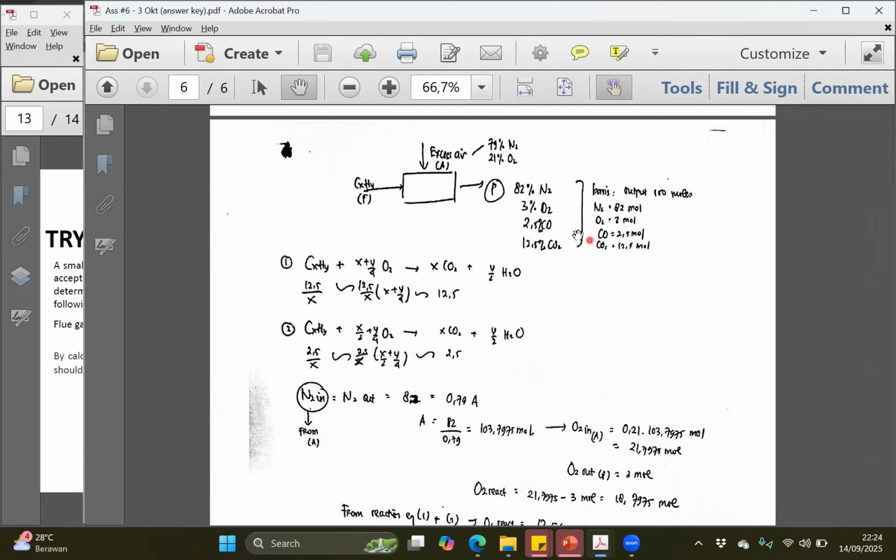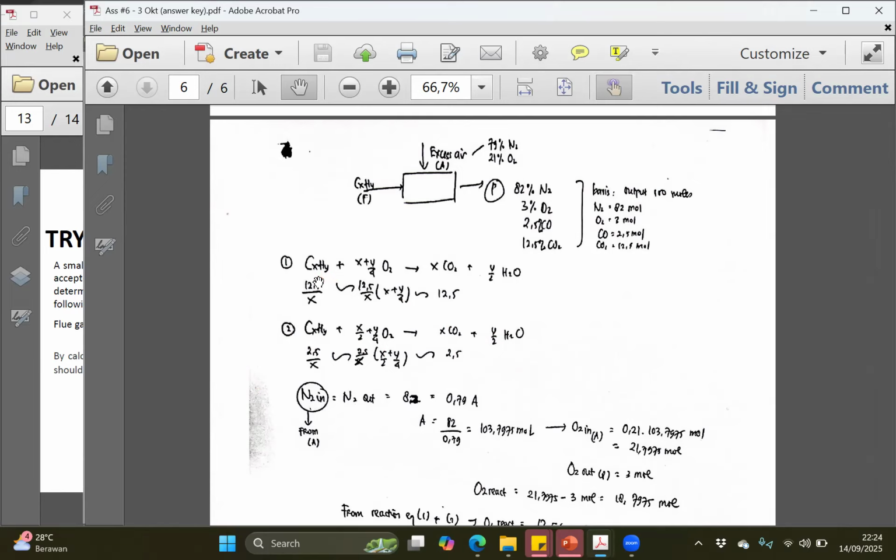We see there are two types of carbon oxides, carbon monoxide and carbon dioxide, so there will be two reactions, the complete one and the incomplete one. I will write down all the chemical equations, and don't forget to balance every element on both sides for the two reactions.